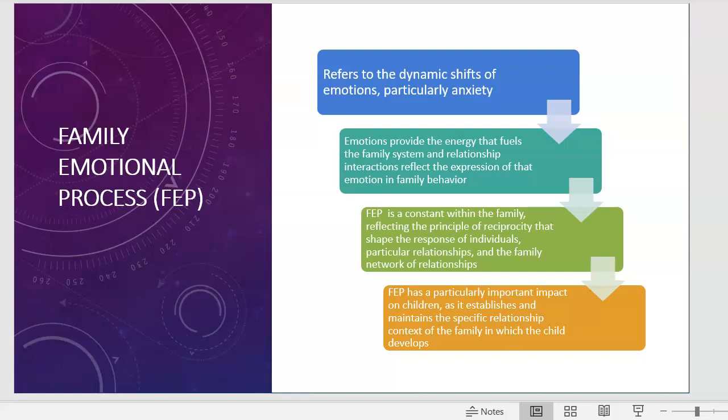FEP is constant dynamics within the family, and they're reciprocal, and they shape the response of individuals, particularly within the family relationships, as well as spilling over into the family's network of relationships.